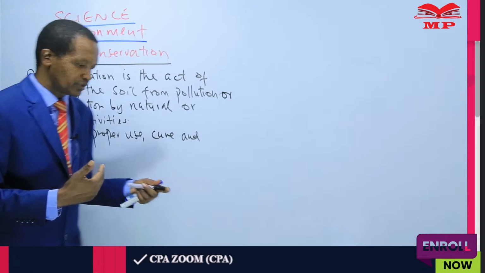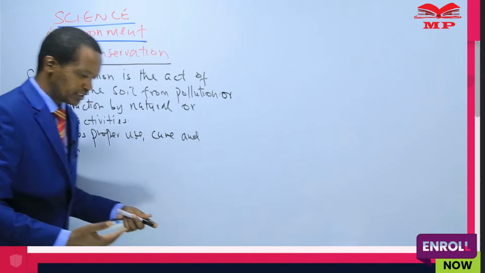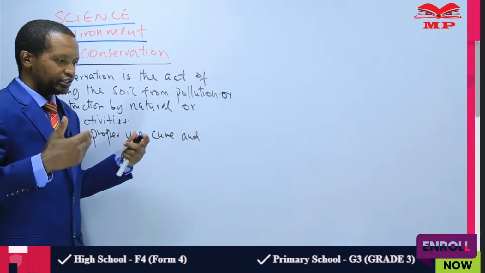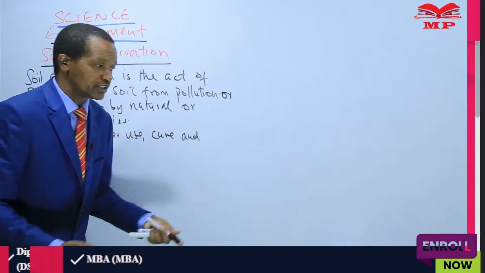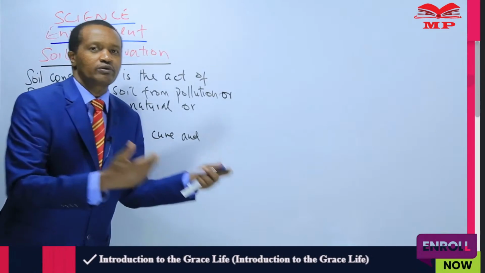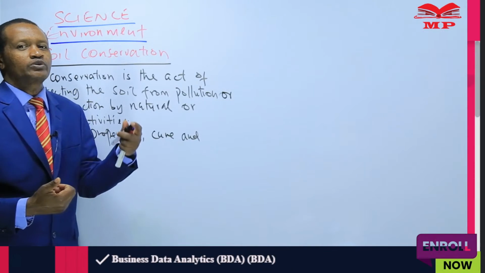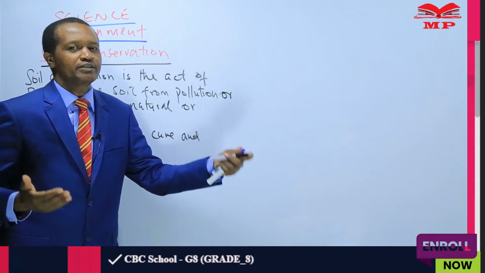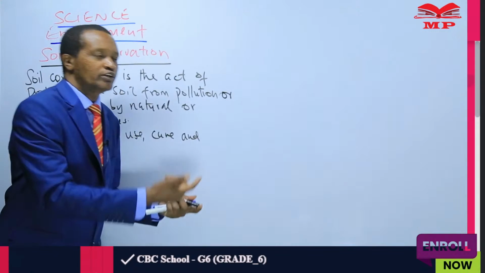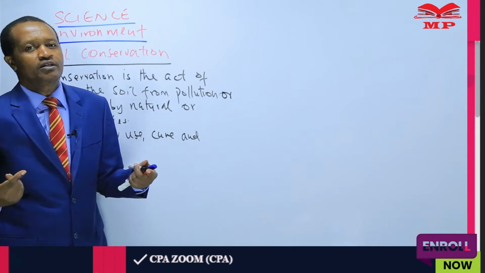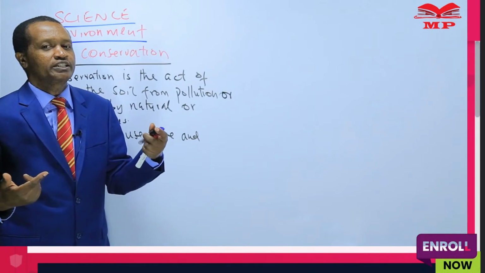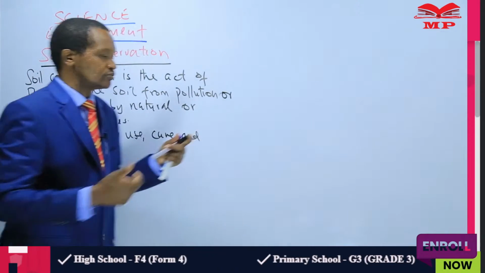Right? Soil has to be fertile. That means soil has to contain the necessary nutrients that will support plant growth. So soil conservation can be done by maintaining soil fertility, by reducing or eliminating soil pollution.